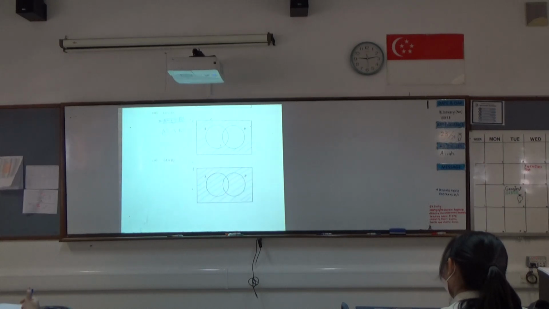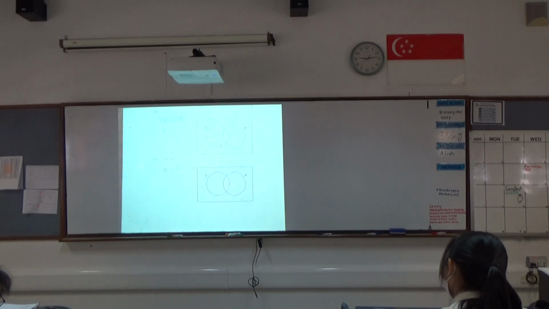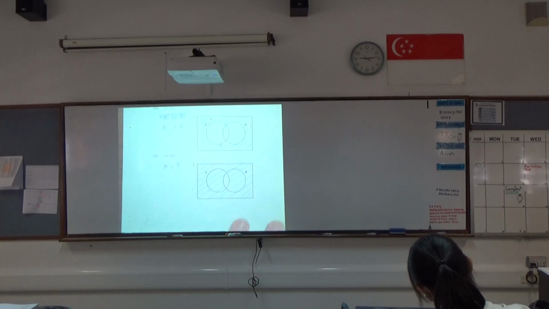So you see that I could arrive at this fairly quickly, as compared to if I wanted to simplify it into A prime union B prime. Then I will have to think about outside of circle A and outside of circle B, and then after that look at the union. That might not be that easy to arrive at, or rather, it might not be that quick.